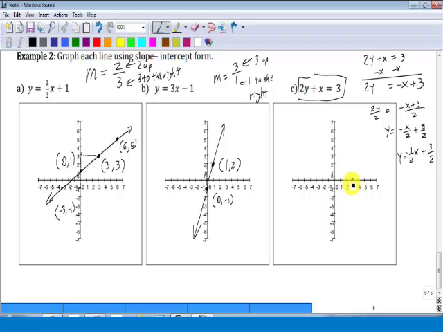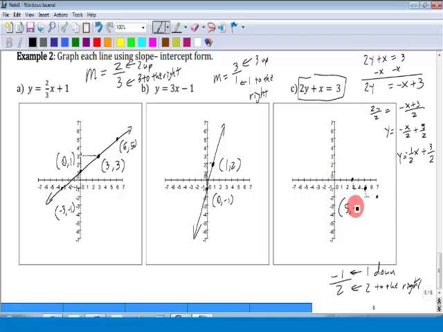And from there, if we're using our slope, you can think of it as negative 1 over 2, negative 1 indicating go 1 unit downward, and then 2 to the right. So 1 down and 2 to the right, 1 more down and 2 to the right.